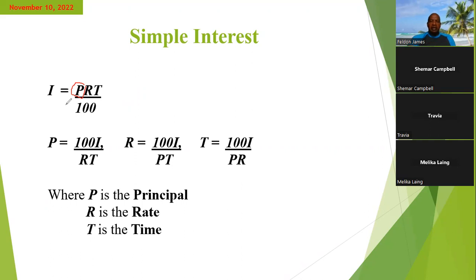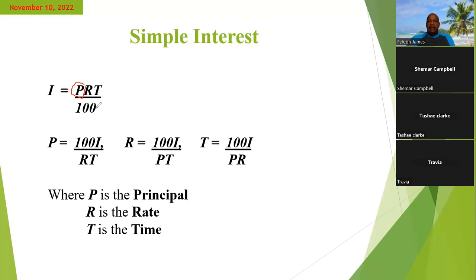So the 100 here, what operation is the 100 doing on the right-hand side? Somebody can tell me? What is the 100 doing in this case in terms of an operation? Dividing, sir. It is dividing. Now, to move the 100 on to the other side, you're simply going to move it to the other side and do the opposite of the operation that it is doing on the right.